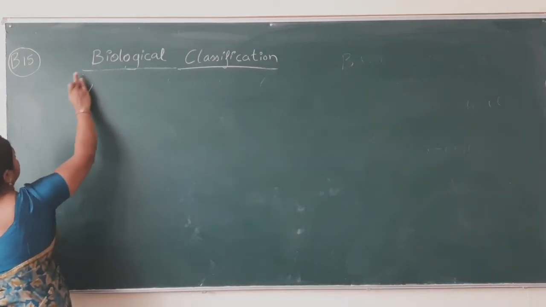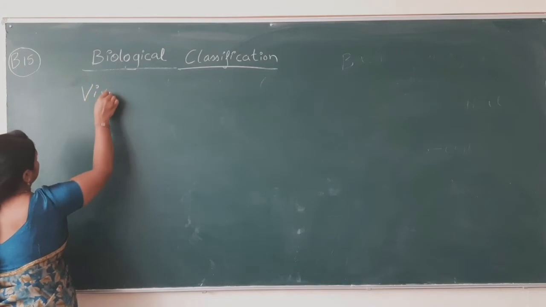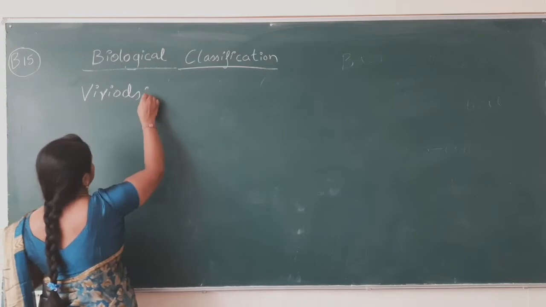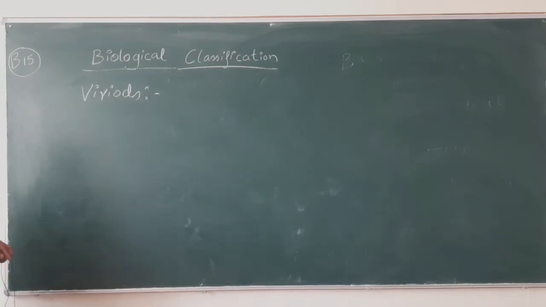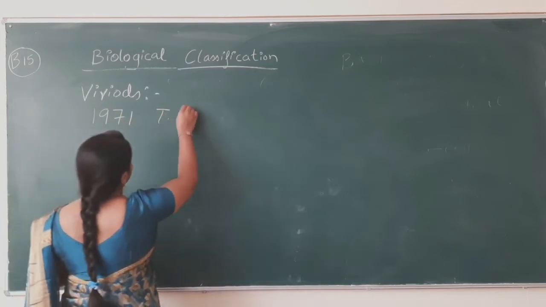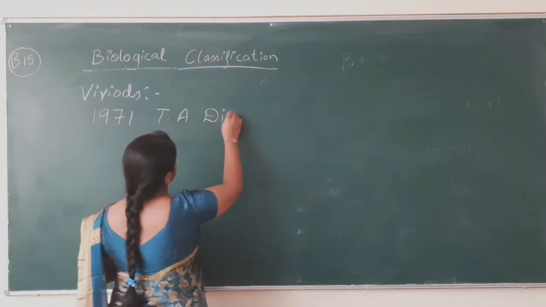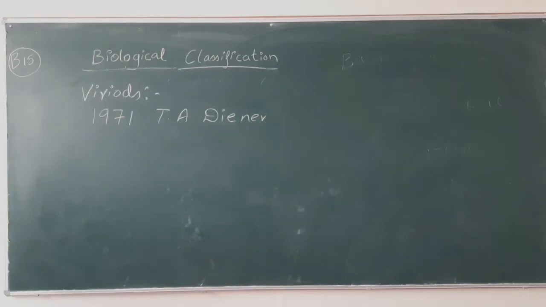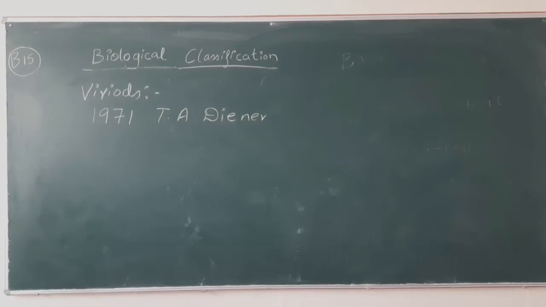So we'll start with the viroids. The viroids were first discovered by T.A. Diener in 1971. T.A. Diener was the one who discovered these viroids.